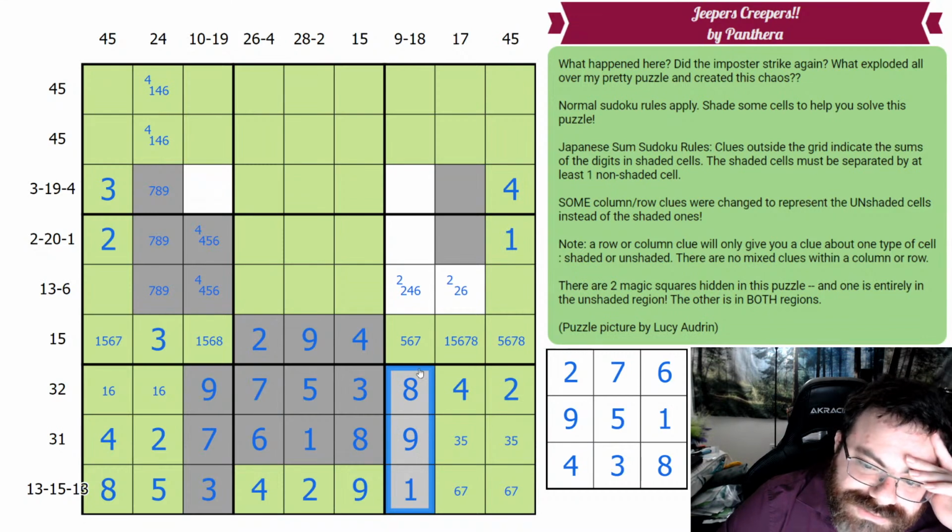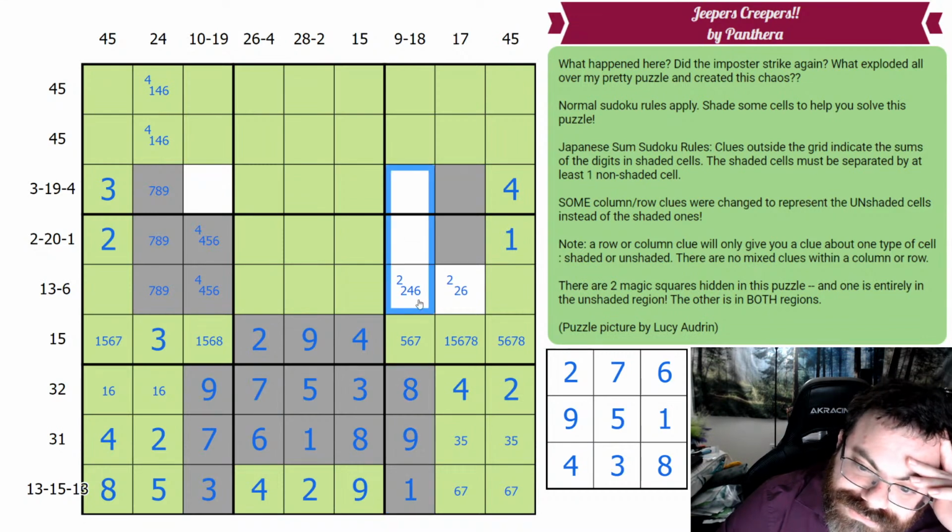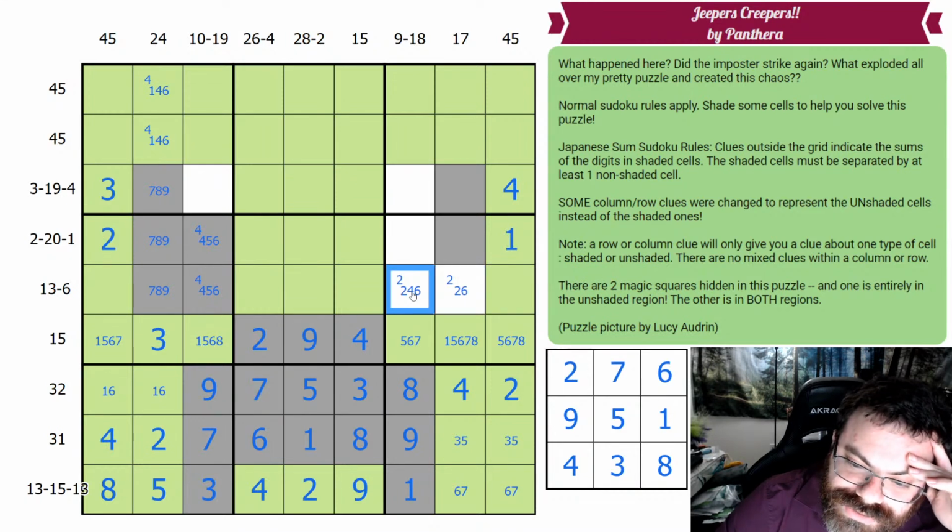This is the 18, so we need 9 in grays. If this were a 2-4, this would be a 2 or this would be the 4. So if this were 2-4, this would be gray, this would be the 4, and then we'd have to make 9.